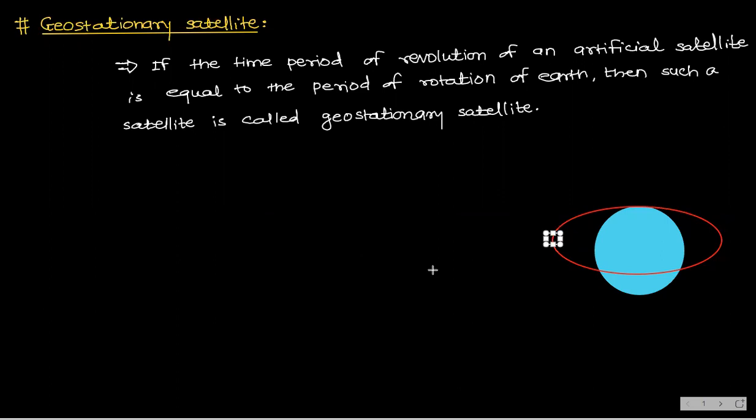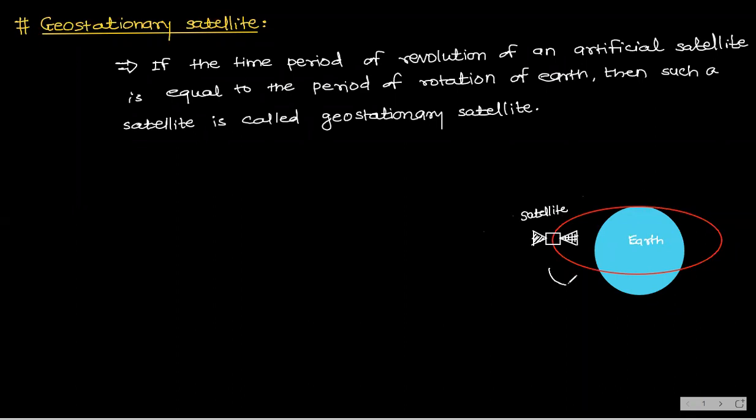So see here, this is a satellite. ठीक है, ये है अर्थ और ये है सैटेलाइट. और ये जो सैटेलाइट है कैसे घूमती है?